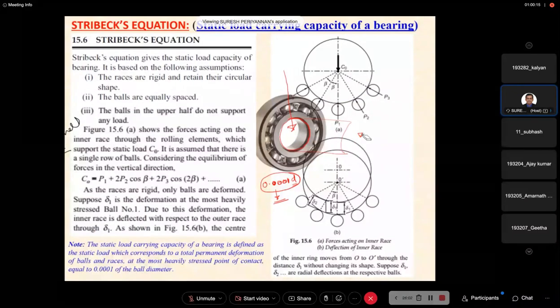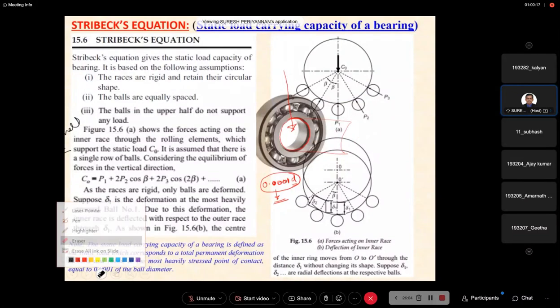Please, someone tell me that. Bottom. Yes, the bottom portion of the balls as well as the races are going to be subjected to more deformation.